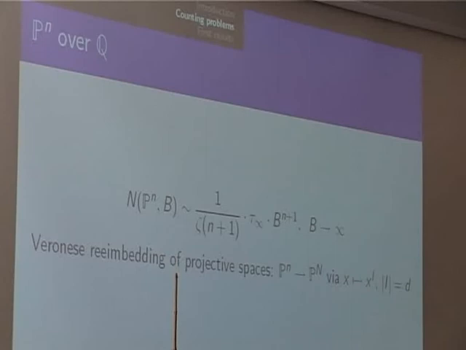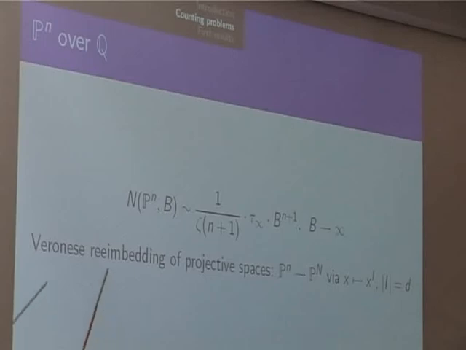So we want no prime to divide all the coordinates x0 up to xn. The probability of a prime dividing all of them is 1 over p^(n+1), the probability of not dividing is 1 minus that, and the product over all primes of 1 minus 1 over p^(n+1) is exactly 1 over the value of the Riemann zeta function at n+1. So this is what happens.